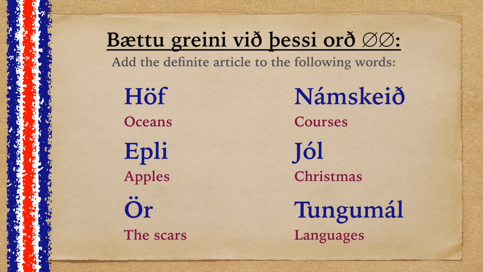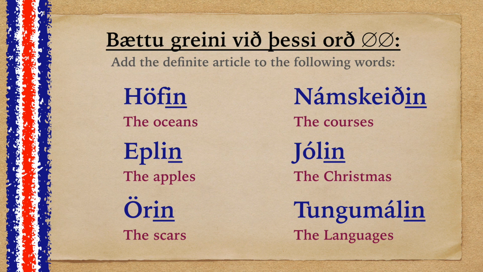So, bættu greini við þessi orð, press pause, and now I will give you the answer. Here are the results for the neutral plural. Höfin, eplin, örin, námskeiðin, jólin, and tungumálin. And it's worth noting that jól or Christmas is an intrinsically plural word, so it doesn't exist in the singular.